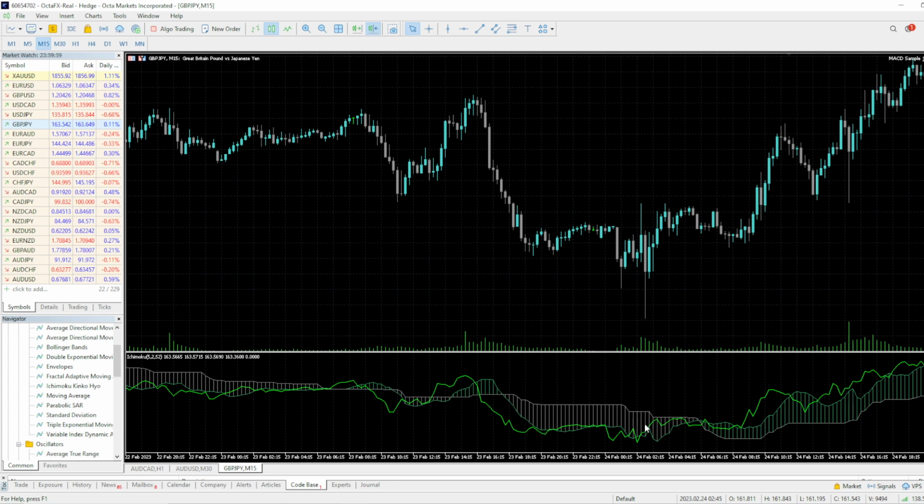So what we have to do is, when the green Chikou span takes exit to the upside. To the upside, you can see it's in the cloud, but the cloud is totally flat. That means there is a resistance level here.